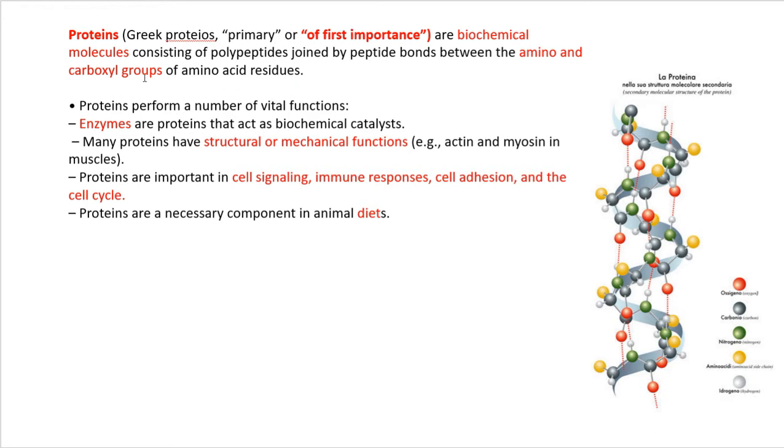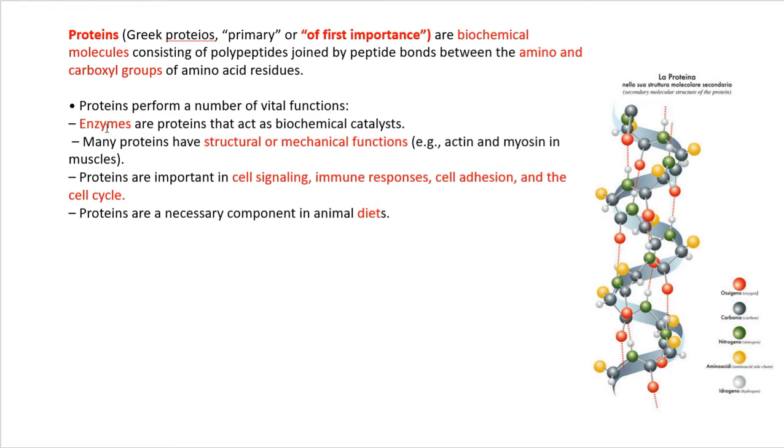They are biomolecules also, and they consist of polypeptides joined by peptide bonds between the amino and the carboxylic groups in the amino acid. Proteins perform a number of important functions in our bodies. For example, they can be enzymes.